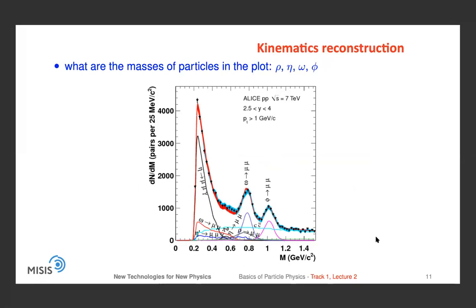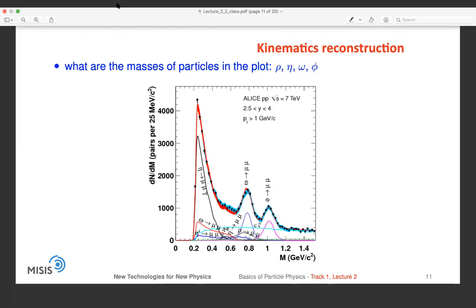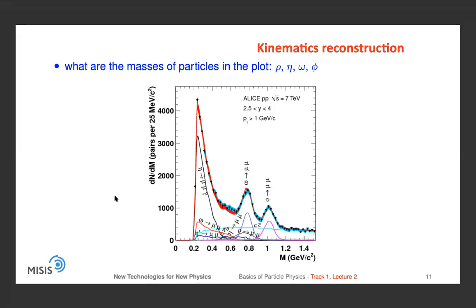And now I will not do a poll. I will just ask you, since probably you already remember some of these values, we will just look at them now. What are the masses of the particles shown in the plot? For example, rho, eta, omega, and phi. So for rho, you remember it was 770, somewhere here.